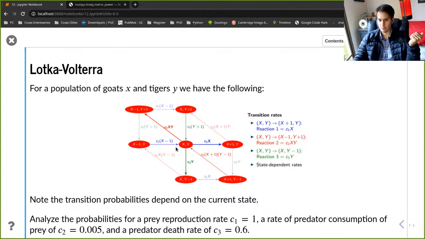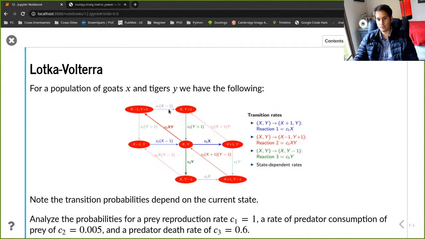So for example, if you have a population of X, Y, to transition to one prey more, this is related with the reproduction arrows, these ones are the blue ones. And from here we can also go to this state that has a predator that died. That's why it's dominated by the green arrows, because this is related with the death rate of the predators, and so on.